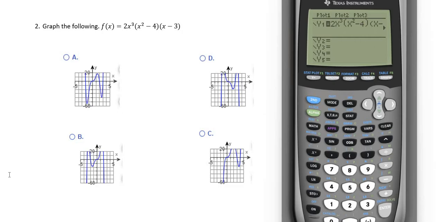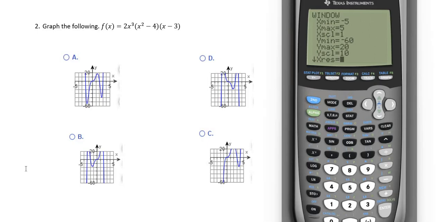For my second problem, I have that typed into my calculator. And since this is a multiple choice question, I want to look at my answer choices and see the windows that they have. So for my x values, they go from -5 to +5, and my y values go from -60 up to +20.